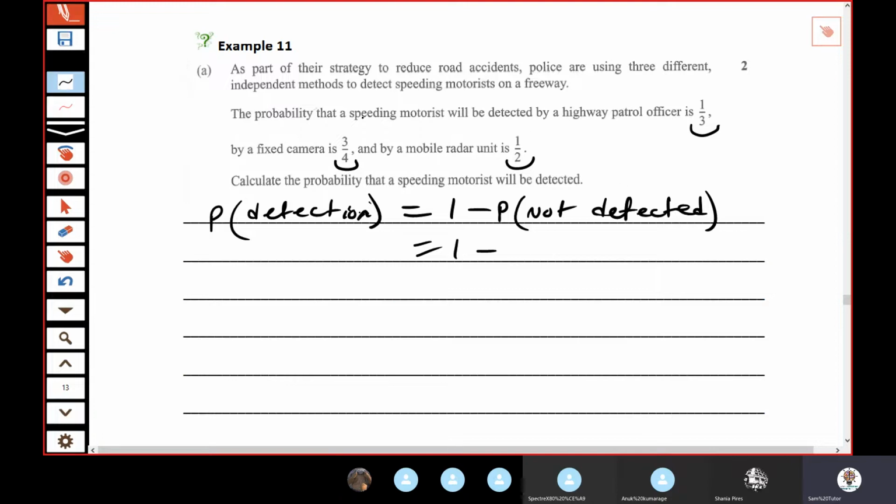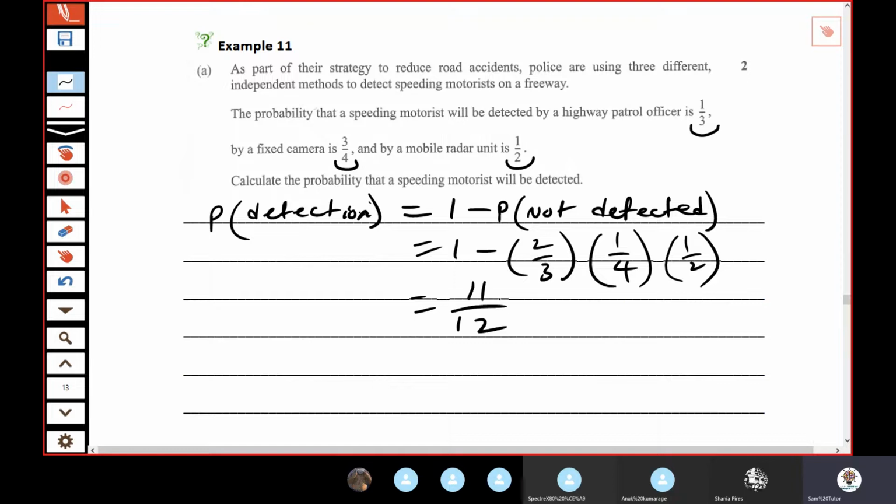So not being detected: if they were speeding and they weren't detected by the highway patrol officer, that would be 2/3. If they weren't detected by the fixed camera either, that would be 1/4. If they weren't detected by the mobile radar unit, that's 1/2. And then whatever answer that gives you, I'll just quickly plug it in. So you can see it's a very similar style question, and pretty much the exact same style of math.